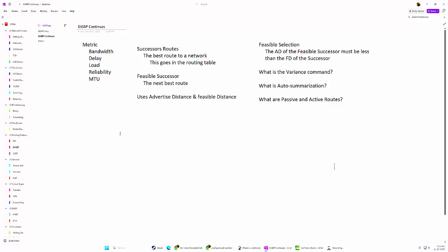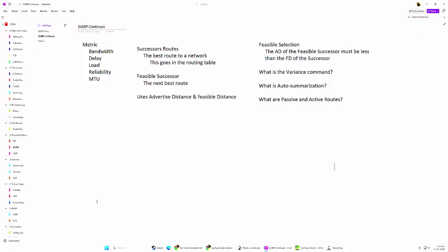Okay, all right. You've got several types of routes, which are your successors and your feasible successors. Your successor is the best route. Your feasible successor is your next best route. Now, your advertised distance for a route is what your neighbor is telling you their distance is to get to an actual route.